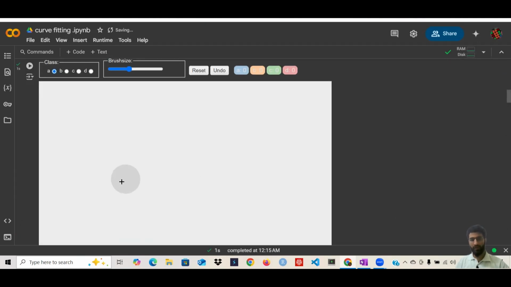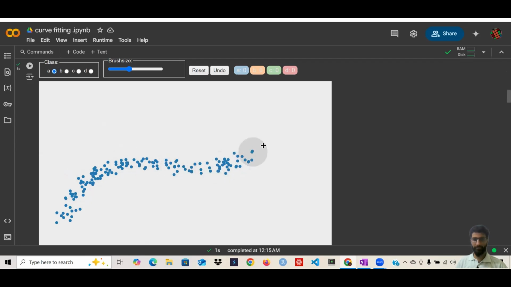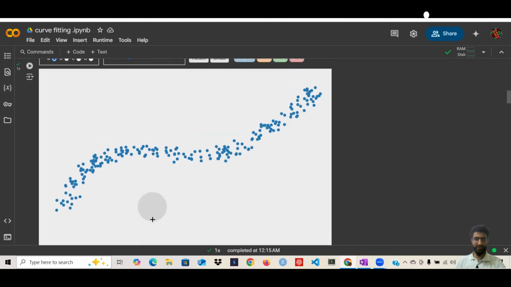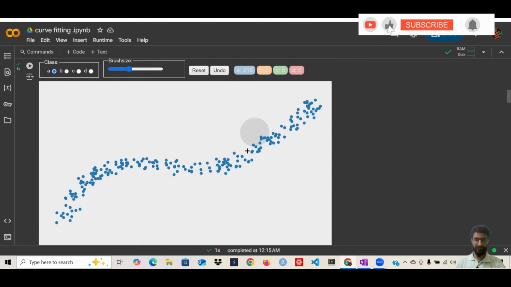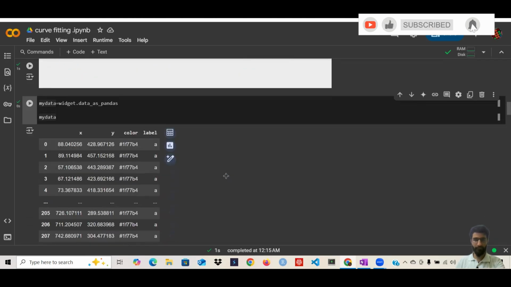Let's run this. Now let's try to make some data set by dragging the mouse. So let's say this is my data set. Our goal here is to try to fit a model which will explain this data set.